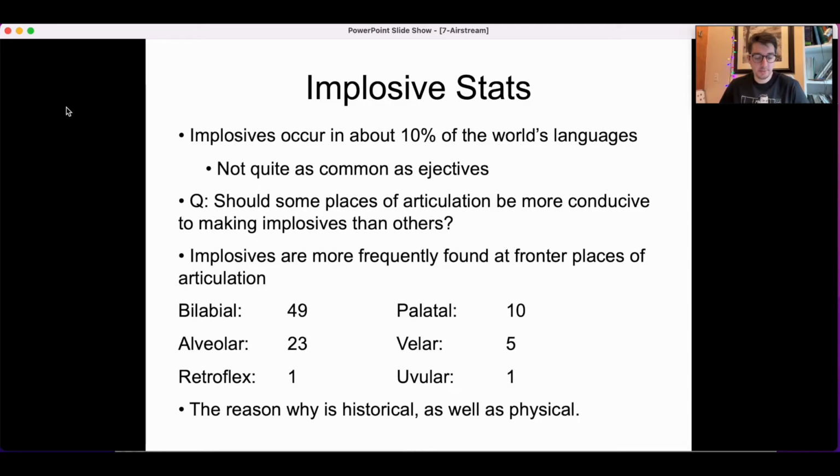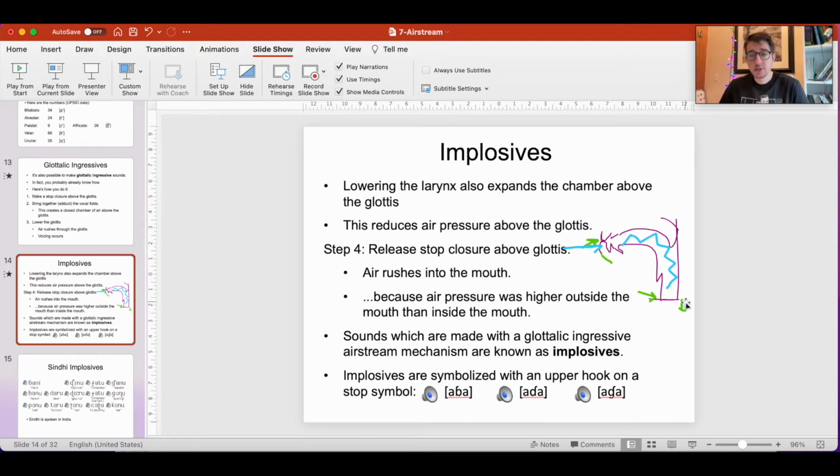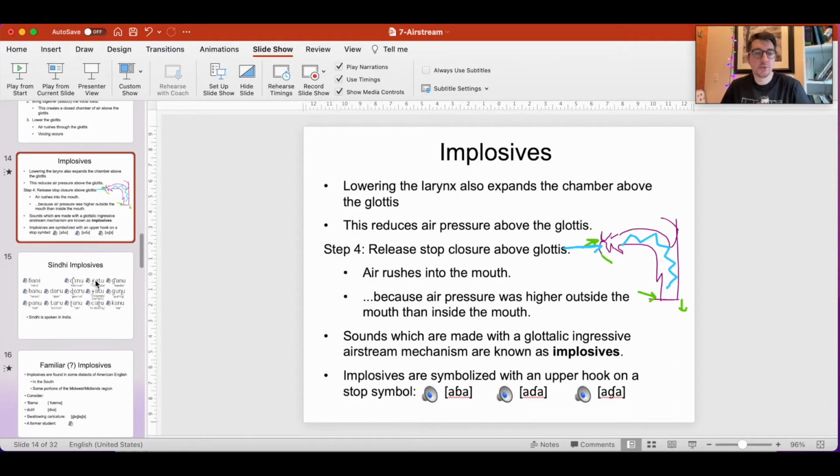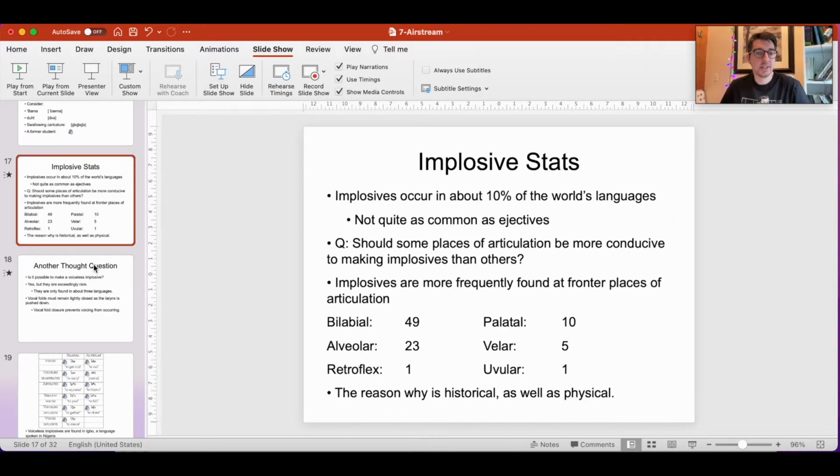There also can be, I assume, some physics there, because when you're lowering the larynx and producing a velar, for example, the air pressure is not much lower here than in the atmosphere. That's why it's more difficult to make velar implosives. So that can be the story of it, but it hasn't been attested yet.